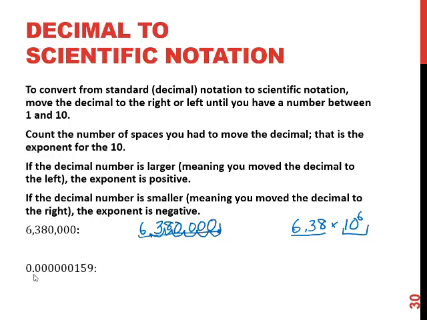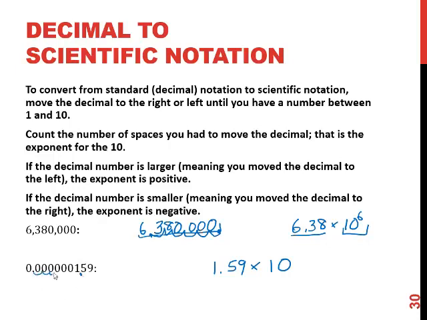Alright, looking at 0.000000159. I need to turn this into a number between 1 and 10, so I guess it would have to be 1.59 times 10 to some power. So I'm going to have to move my decimal here.